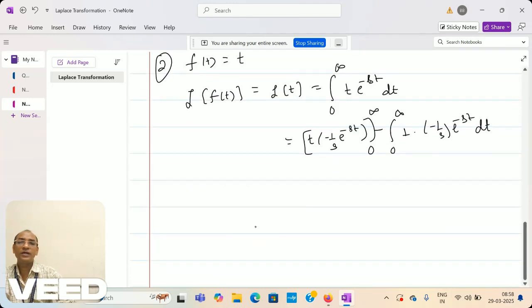And if we simplify it, if I put e to the power minus infinity, which is 0, and if I put t equal to 0, 0 times something will be 0.